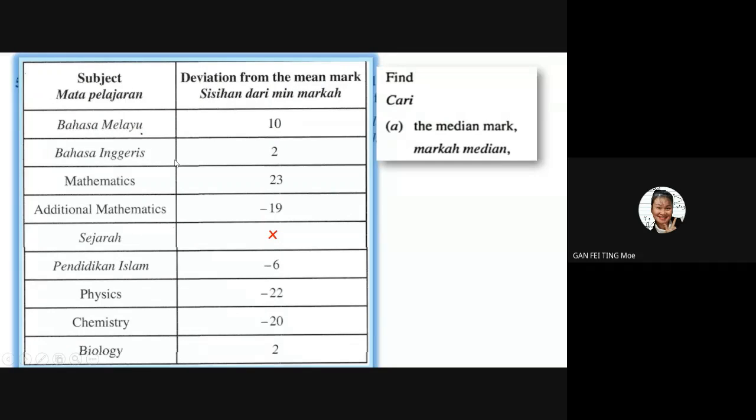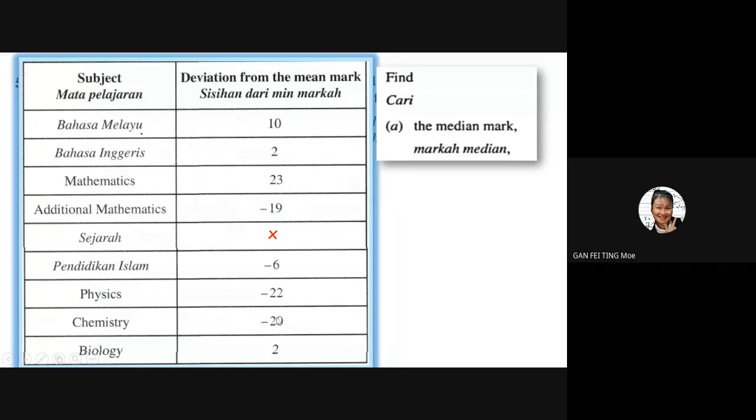So di sini, here soalan yang hendak dicari adalah the median mark. So untuk mencari median markah, you must know the procedure to get the median. Langkah-langkah flowchart untuk anda dapatkan median.